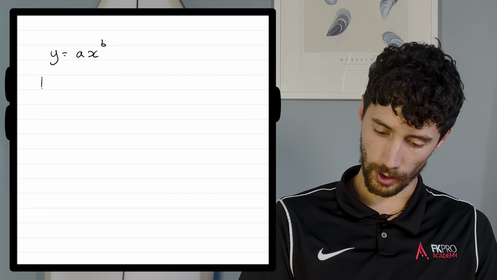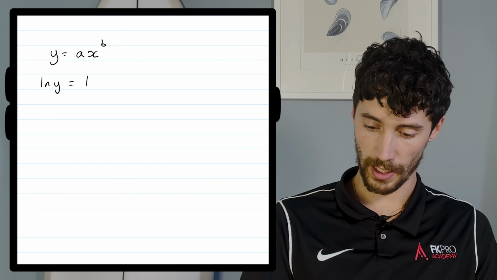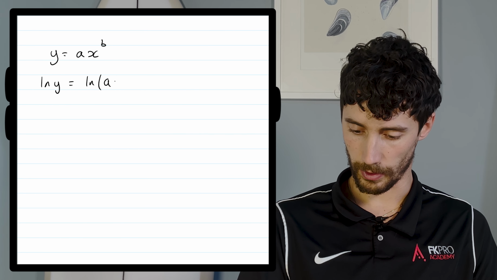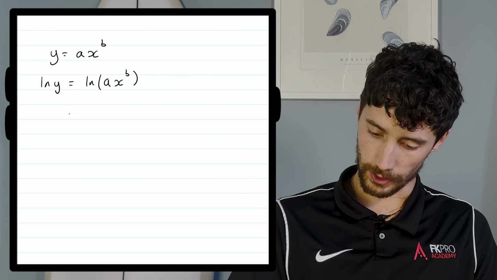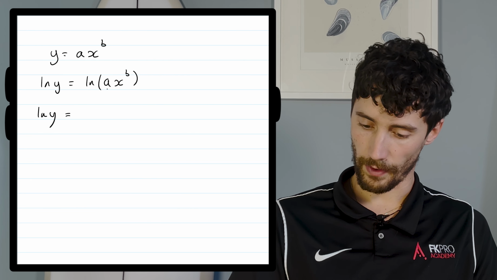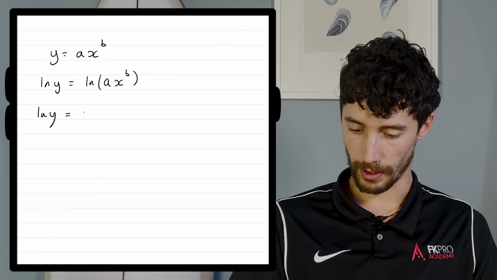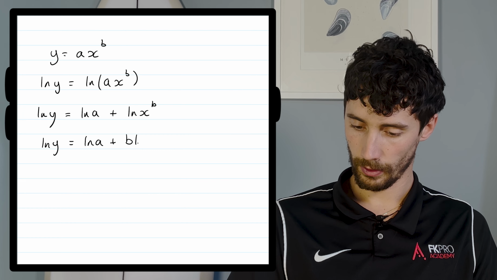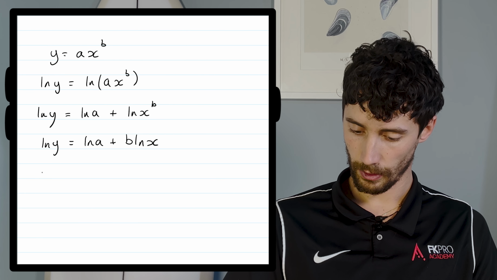So if you apply a log to both sides, and it can be any log, be log base 10, I'm using log base e because that's what I've been using. We can see that I have a times x to the b, so that is ln of a plus ln of x to the b. And then I can bring that b down to get b ln x.